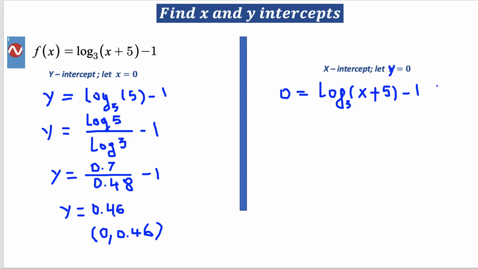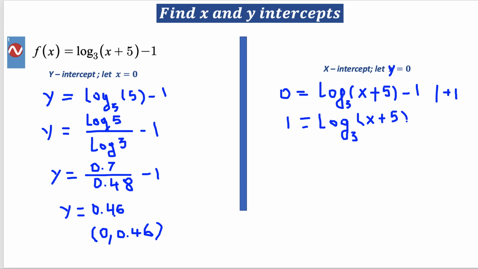First of all, we add 1 to both sides, and the minus 1 is going to cancel, and 0 plus 1 is equal to 1. Let me rewrite this again: 1 equals log base 3 of x plus 5.